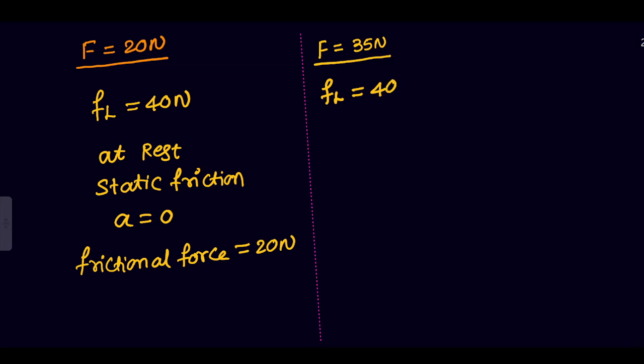Limiting friction 40 newtons we calculated. Now here the applied force is less than the limiting friction, right? Then how is the body? The body is at rest. If the body is at rest, what type of friction? Static friction.